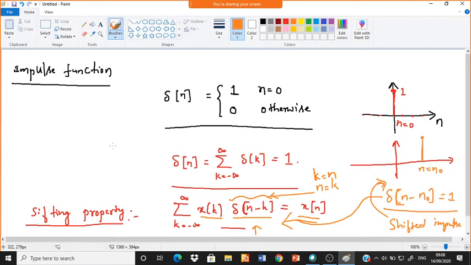Okay, is it understood? Sir, why do we only consider n equal to 0? What is the impulse function actually denoting? The function definition itself is like this, which is always 1 at n equal to 0 only.